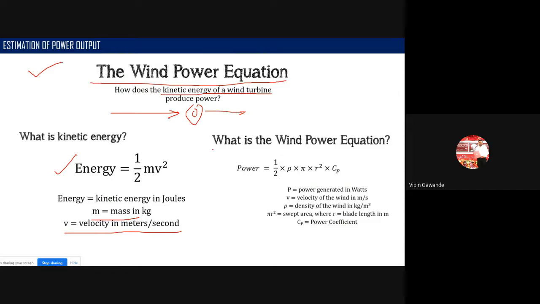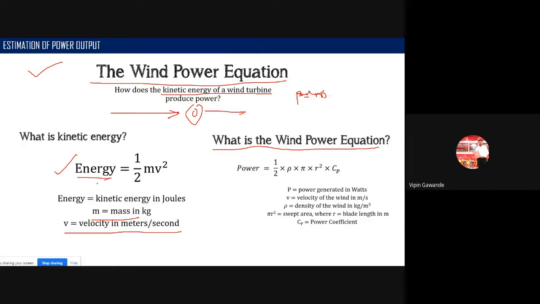Now, what is the wind power equation? We know that power is the energy per unit time.